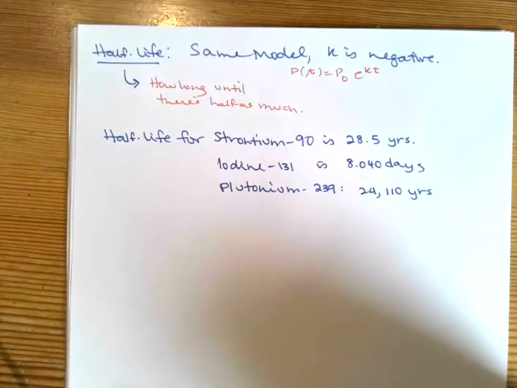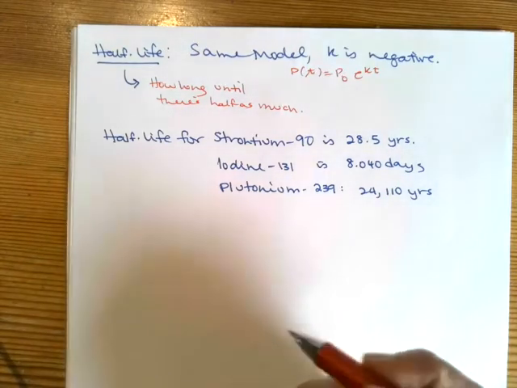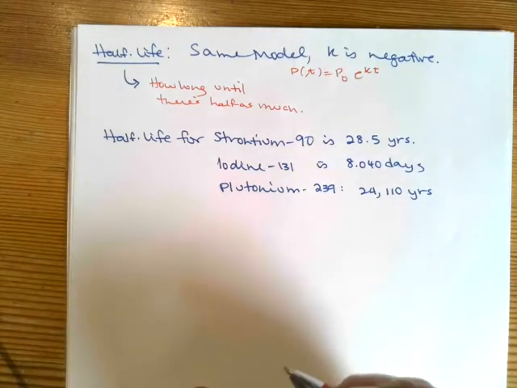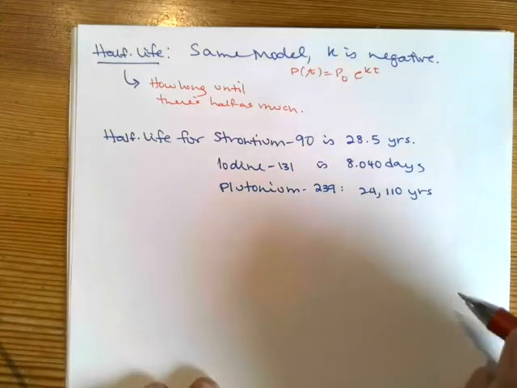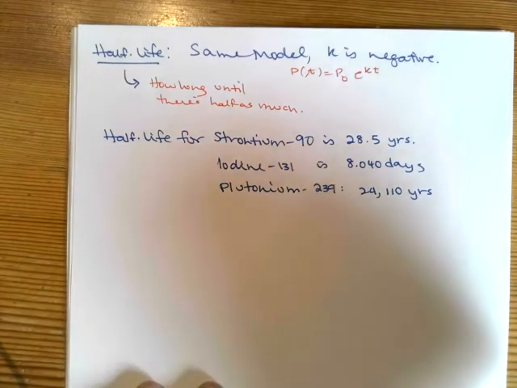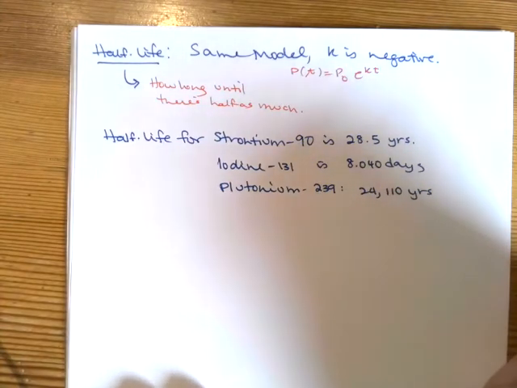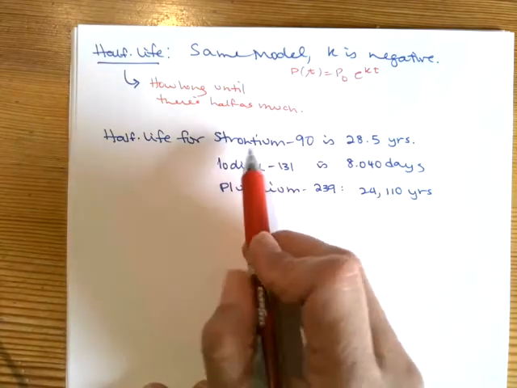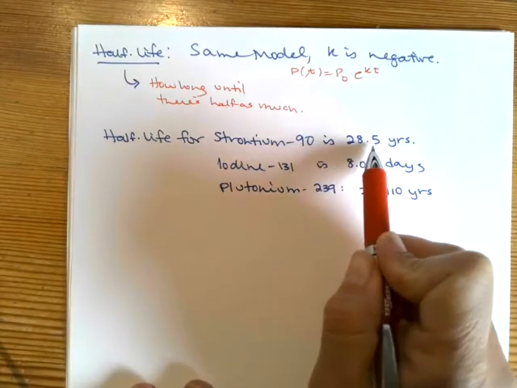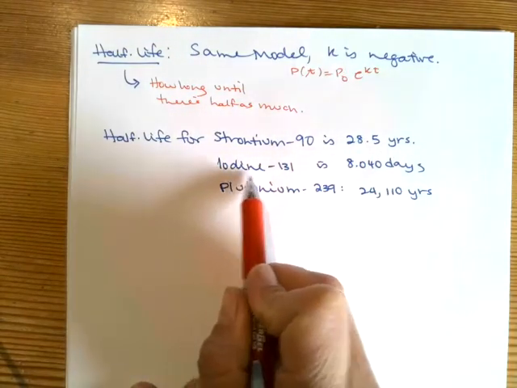So at the Hanford Nuclear site down in central Washington, they deal with many radioactive substances. So I read an article this morning and I pulled 3 of the different radioactive isotopes that are present at Hanford. So the half-life for strontium-90 is 28.5 years.